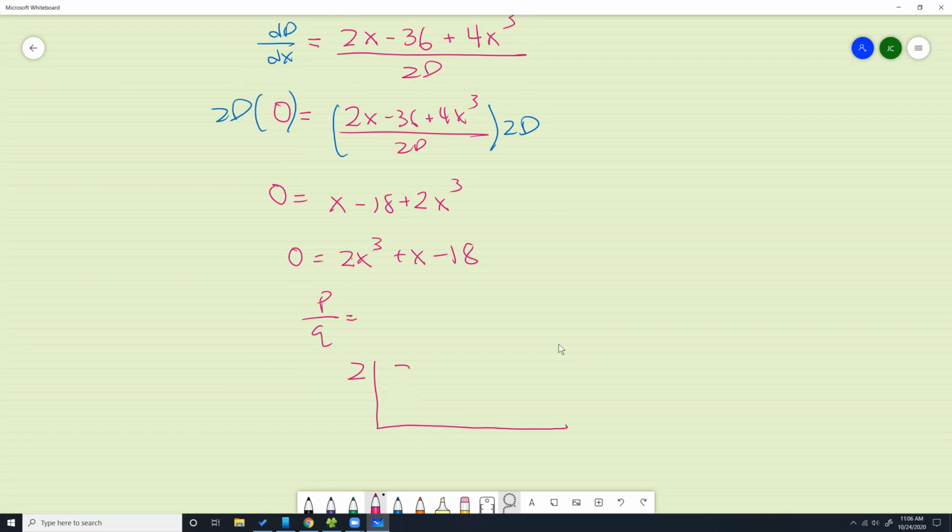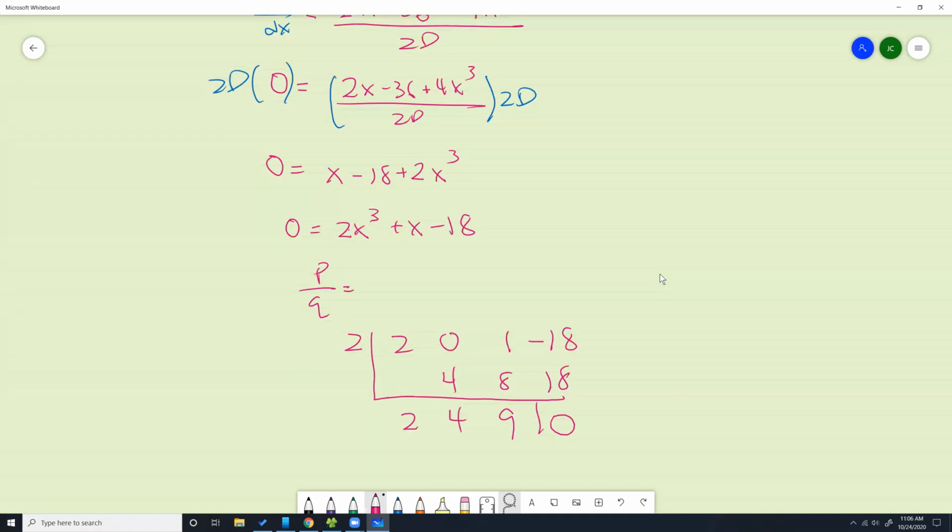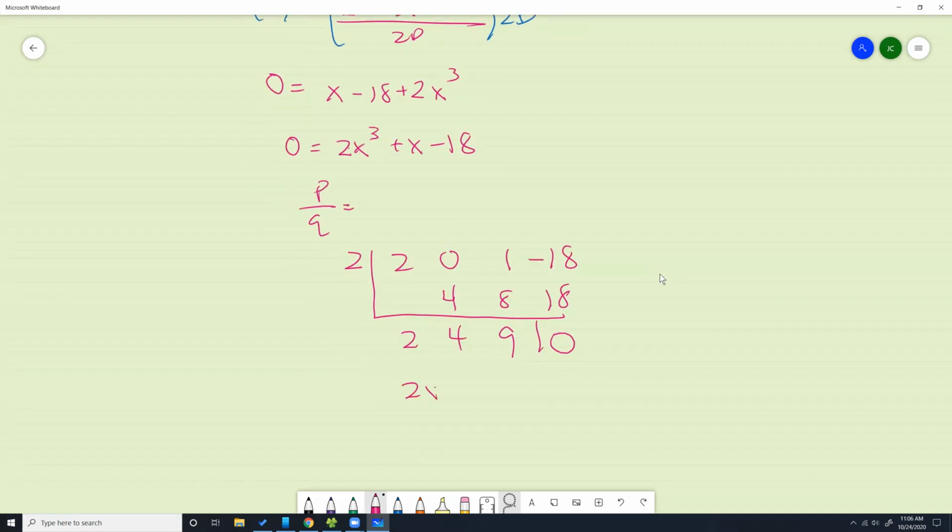So let's see what that looks like. 2, 0, 1, negative 18, 2, 4, 4, 8, 9, 18. There you go. How nice. You do end up with a quadratic equation like that. Can't factor this, but if you use the quadratic formula, you'll see that these give you imaginary roots.